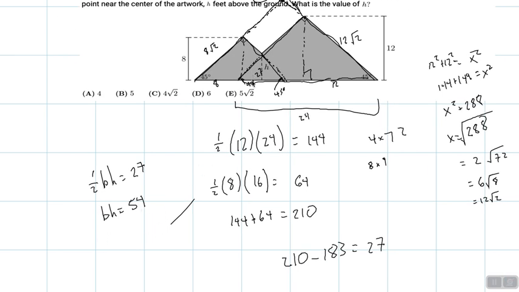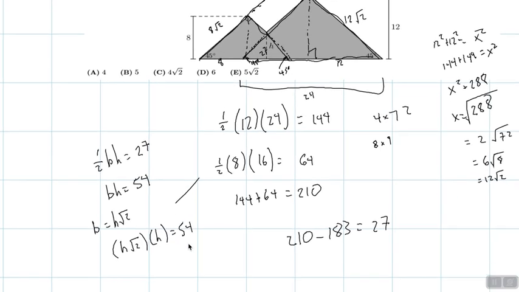Oh, here we go. Since this is a 45, 45, 90 triangle, it looks like the base is across from the 90 degrees. So the base is equal to h root 2. So therefore we have h root 2 times h equals 54.